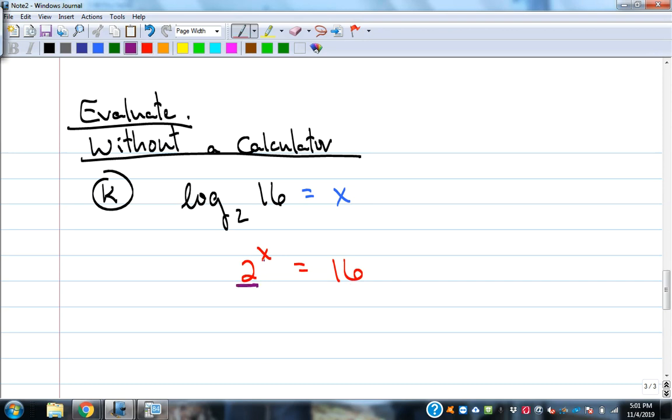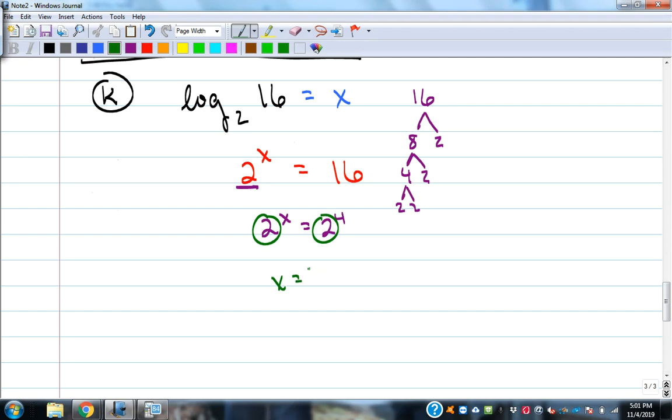So I need a base 2, because 2 is prime. 16, if I break that down, is 2 to the 4th power. And the bases are now the same. I don't have to do anything with those now. I just say x is equal to 4. And I've created myself an easy problem to solve because I could rewrite that logarithm as an exponential.